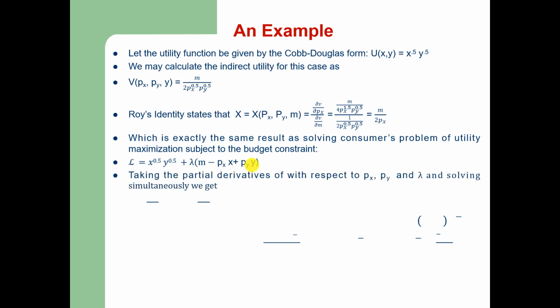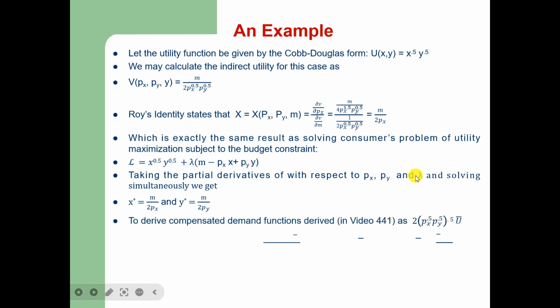And if you take partial derivatives of this Lagrangian function with respect to x, y, and lambda, and solve these three equations simultaneously, we get x star equal to m divided by 2 price of x, and y star equal to m divided by 2 price of y, where x star and y star are the solution values of x and y commodity.